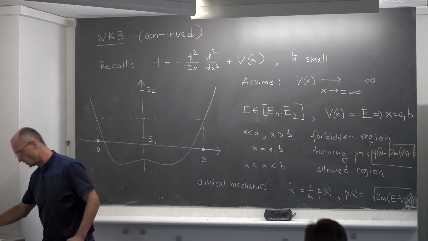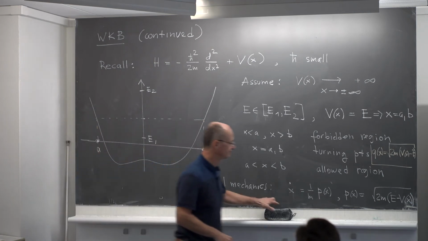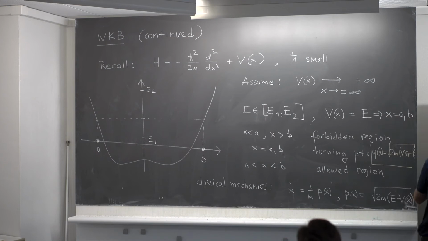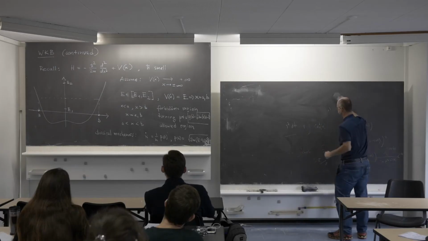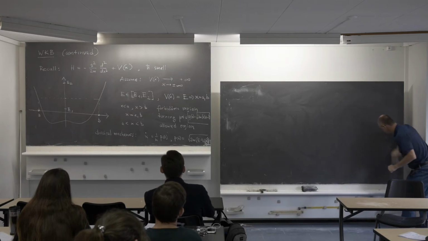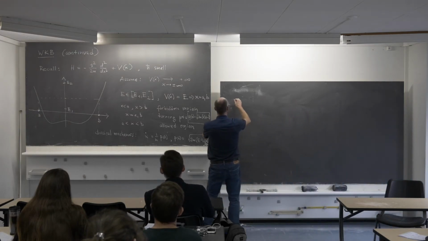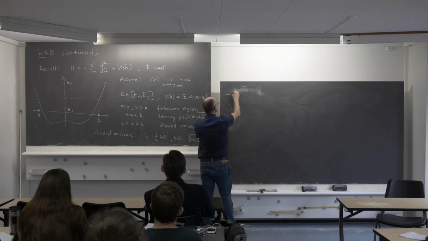And I have several more assumptions. Well, let me go to the next blackboard. So there are more assumptions on V. First of all, let me denote it like this.